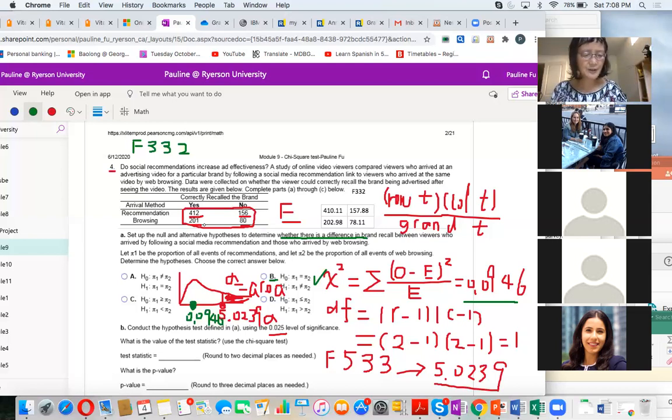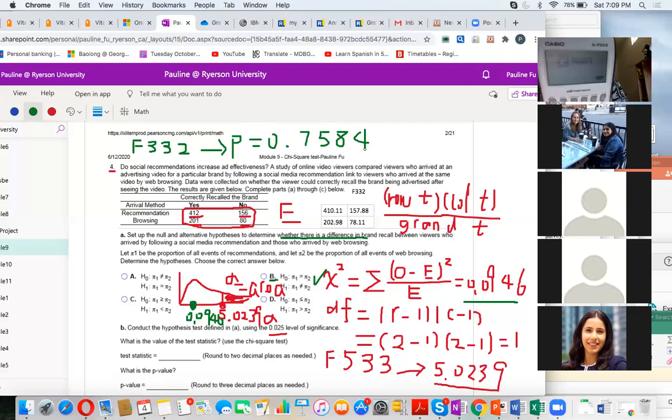P-value is 0.7584. You get both test statistic and p-value. Okay. So any questions?